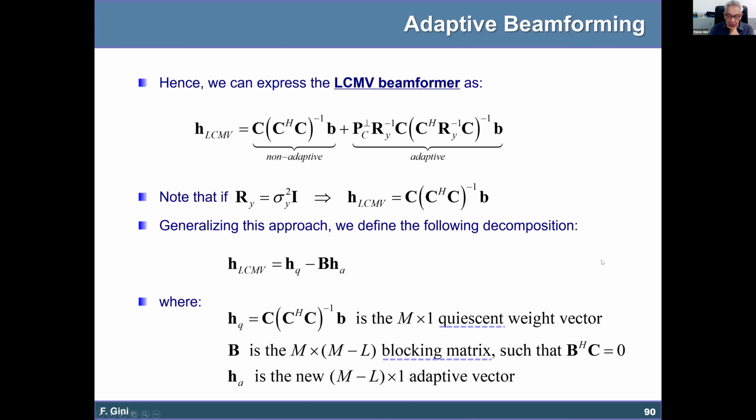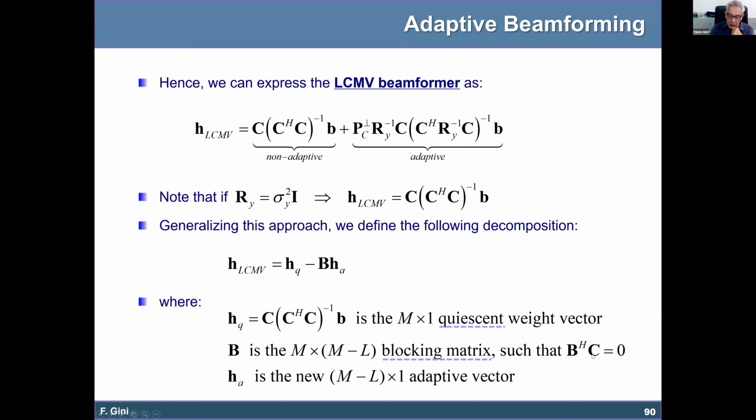This means that if you want to impose that the signal coming from a specific direction passes undistorted from the beamformer, it does not pass in the branch below because it is cancelled by the blocking matrix.